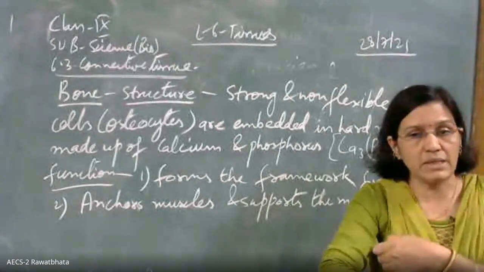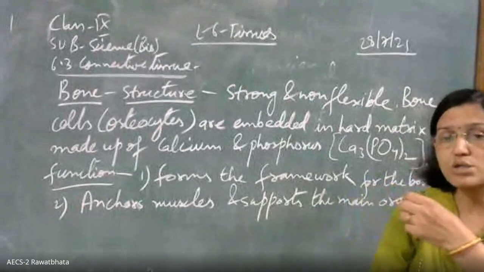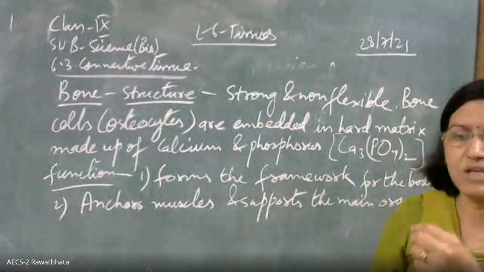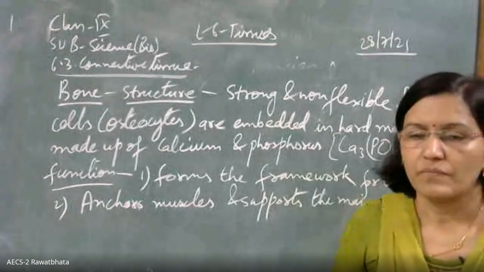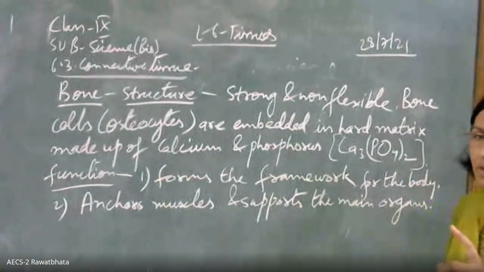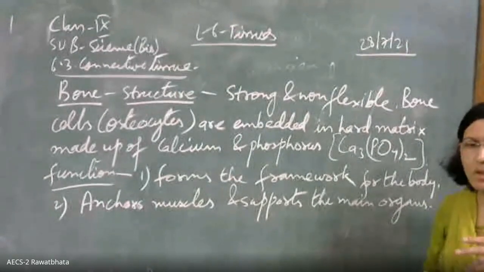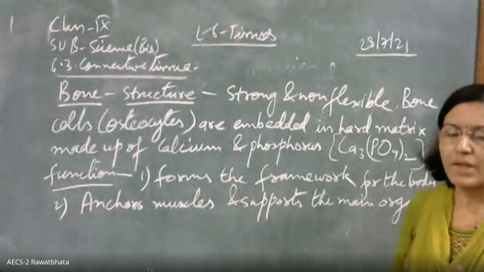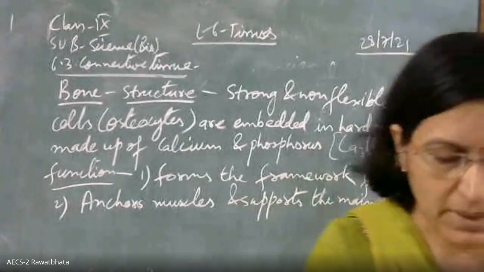Now, if it is tying the muscles on the bone, it is not supposed to be flexible at all. If it is flexible, the muscles will slip away from the bones. So the first thing, this tendon ties the muscles to the bones and it is not flexible.